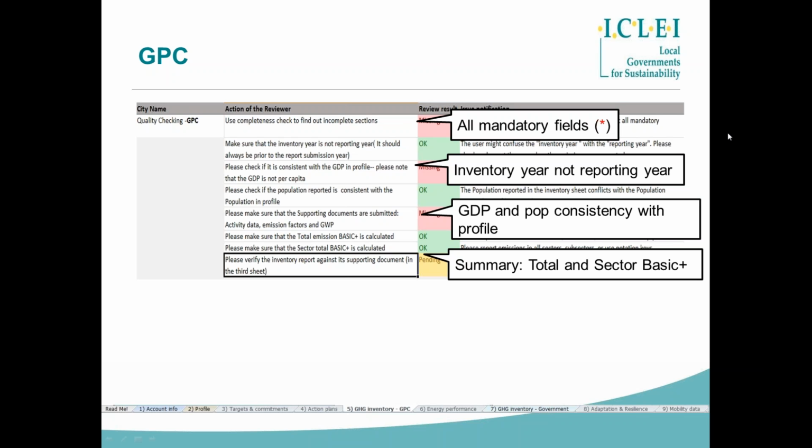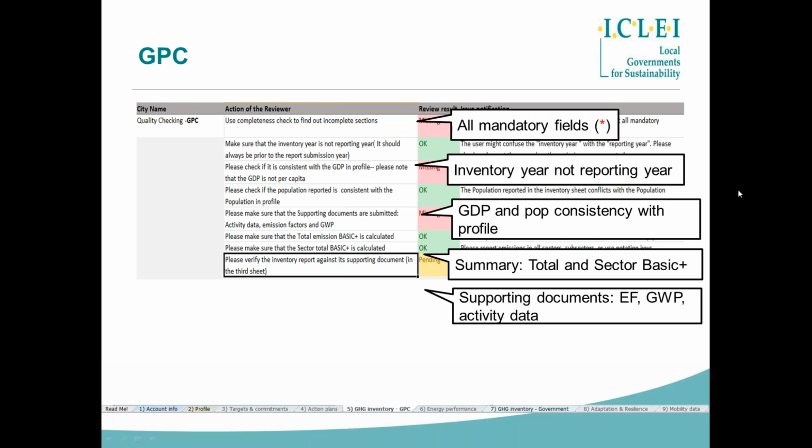So after this, then we can pass the GPC to the next person in charge, which in this case is Cesar. So this is just for this specific. And the supporting documents for the GPC, which are the emission factors, the global warming potential, and the activity data, so that they are all there.